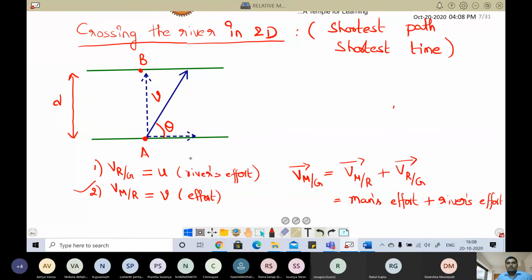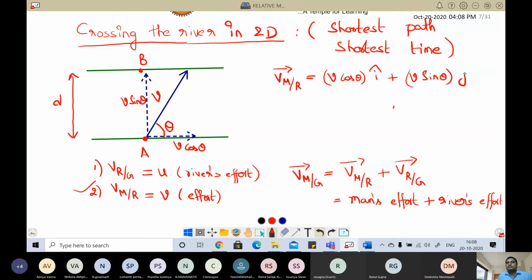The x component is v cos theta and the y component is v sin theta. Therefore, we can write velocity of man with respect to river in i j form as v cos theta i cap plus v sin theta j cap.